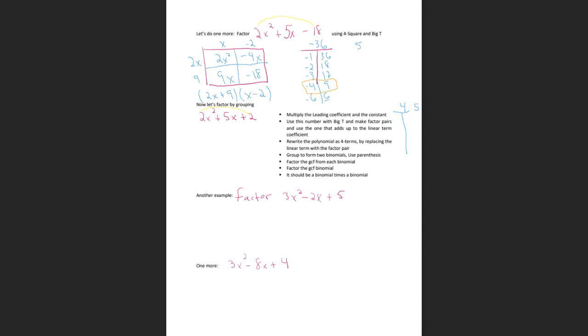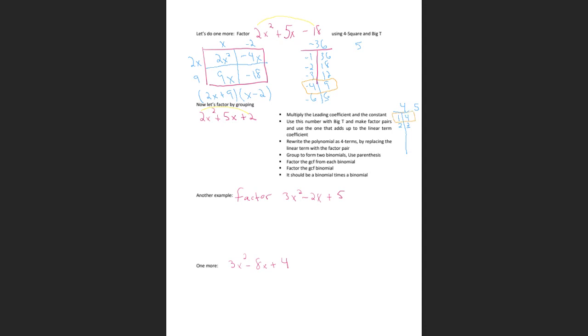So from here, our factors of 4 would be 1 and 4 and 2 and 2, but that's repeating, so I'm stopping there. Which one of those has the potential of giving me my 5? I'm seeing that 1 and 4.